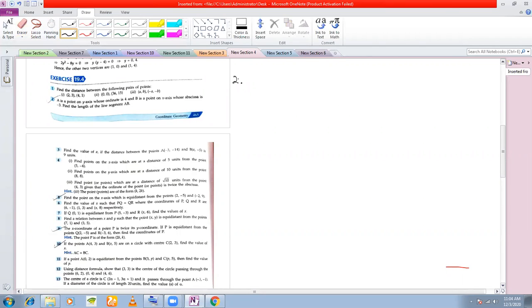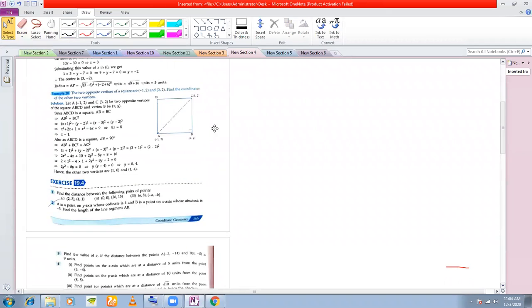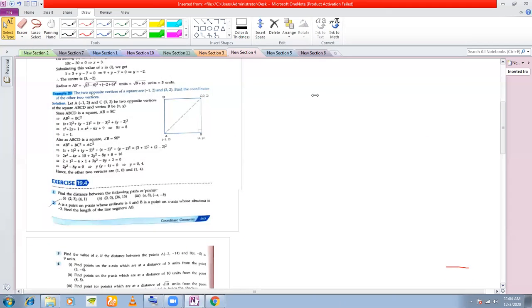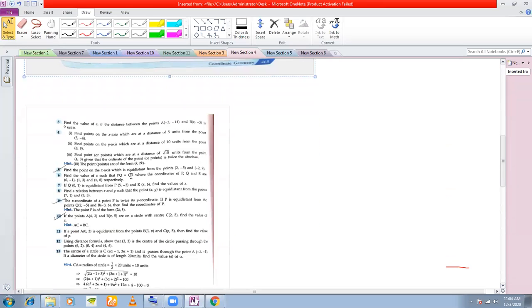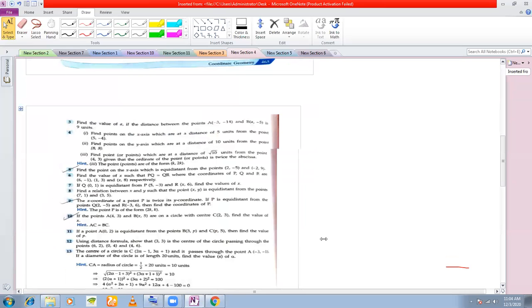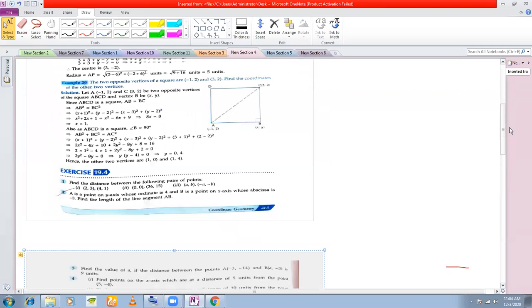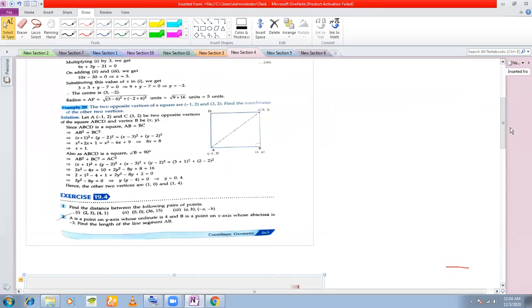If you have your textbook, read it from there. If you can't read it from here, you just try to make it a little bigger so that it is visible. A little more visible. Okay, now you can read, I think.